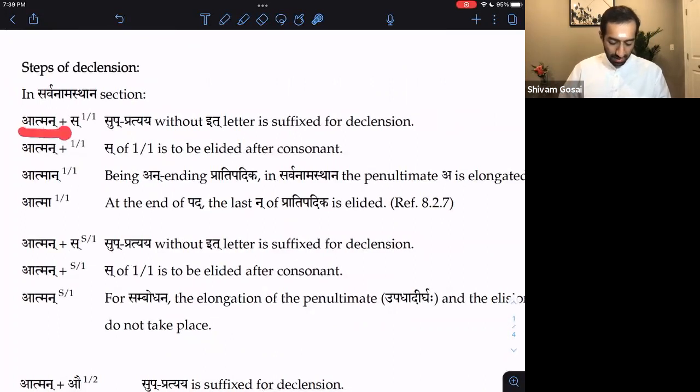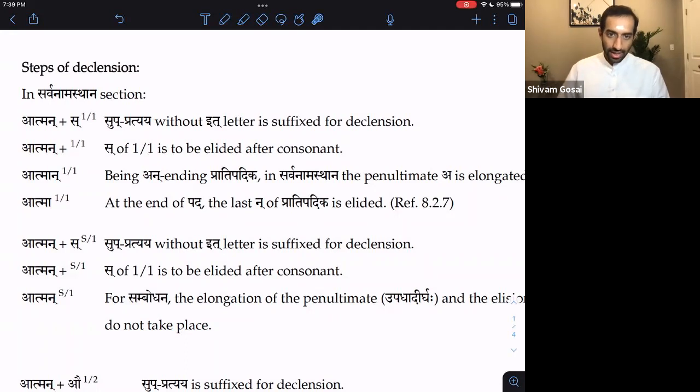So you see Atman, right? Atman is our pratipadika. We're going to add the 1-1 suffix su, ojas, right? Su, that u is an it letter. So sakara, that always comes and goes, right? So su in 1-1 is to be elided after the consonant.